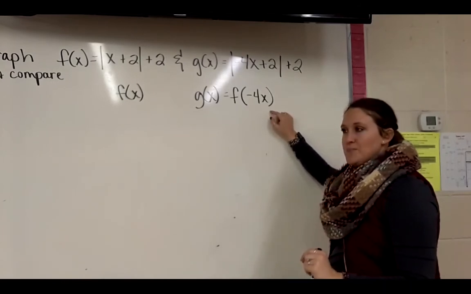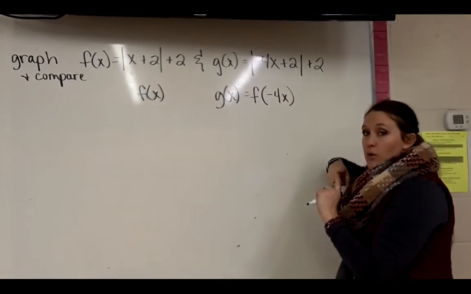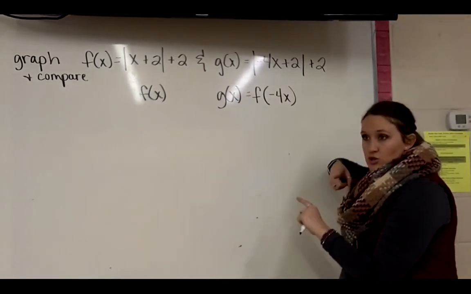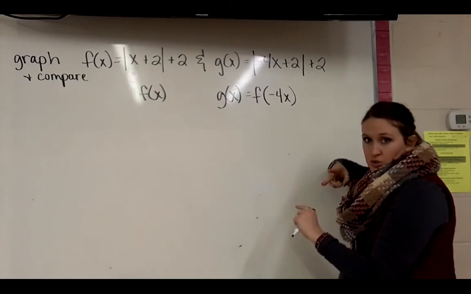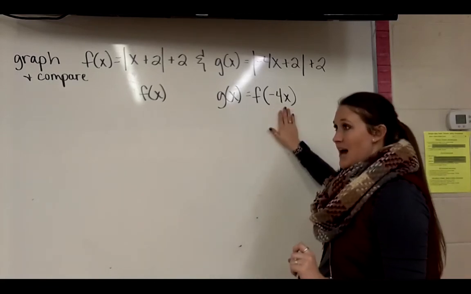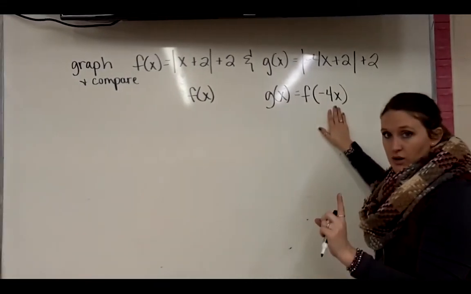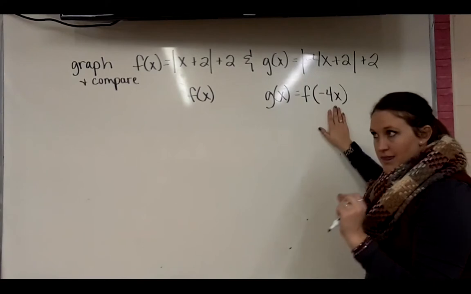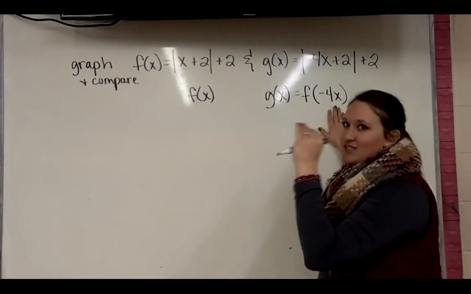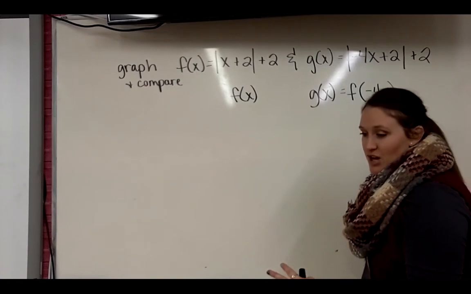Now we know it's being multiplied, so it's either a vertical stretch or shrink or a horizontal stretch or shrink, and it's inside, so that tells me it's a horizontal stretch or shrink. And then it's a whole number. We have lots of checklists to go through. You can use your definitions from your notes.